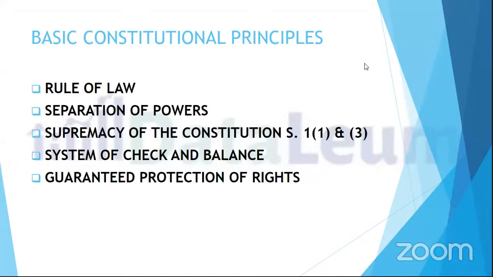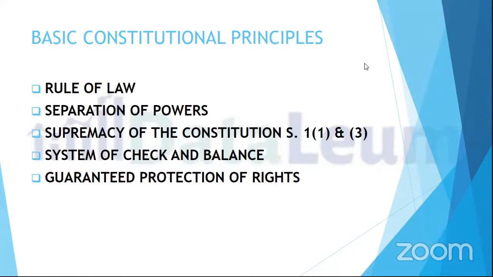And you can find under Section 1, subsections 1 and 3, which goes to show you that at any point in time that there is any law in the land that does not agree with the Constitution in any area, to the point of that discrepancy, it is invalid, void, and of no effect. So when you have any law that does not promote the spirit of the Constitution, or is different, whether in spirit or in words, from the intendment of the Constitution, that aspect of that law is invalid, void, and of no effect.